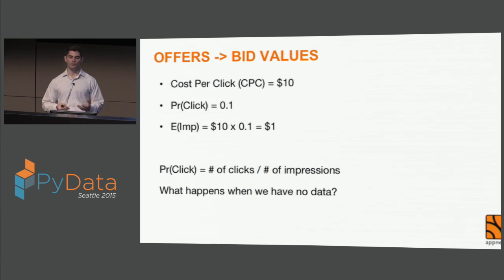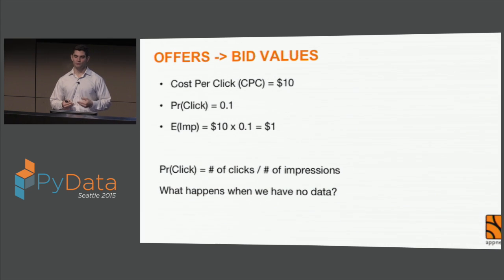If we knew the probability, for example, that a click happened, and we knew the probability was 10%, and we knew that the value, the offer amount for that click was $10, we could do a simple calculation to calculate the expected value of the view or impression by saying $10 times 10% is $1. And if $1 is the highest offer amount, or the highest translated offer amount, then we would choose that offer to display to the publisher or the website.